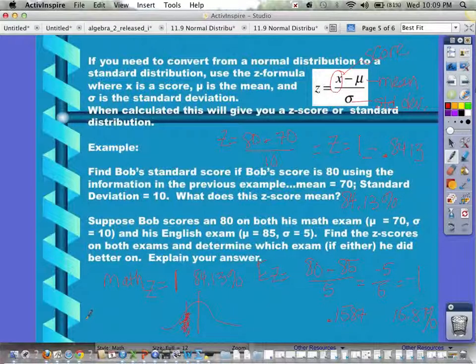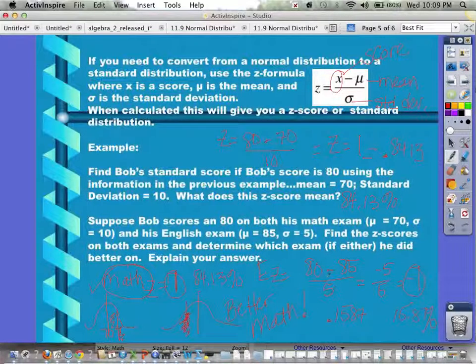But if you're on the math thing and you're looking at your bell curve and the average was a 70 and you score an 80, that's over on the good side, okay? So that means you're in the positive end. So looking at that, you should easily be able to tell that he did better on his math test because it's a positive 1 versus a negative 1. That means he did better on the math.